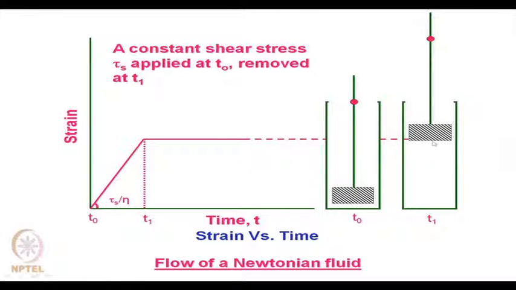The slope, that means the ratio of tau s by eta, the viscosity, is the slope. So, this is a flow curve for a Newtonian fluid, or a strain versus time profile.